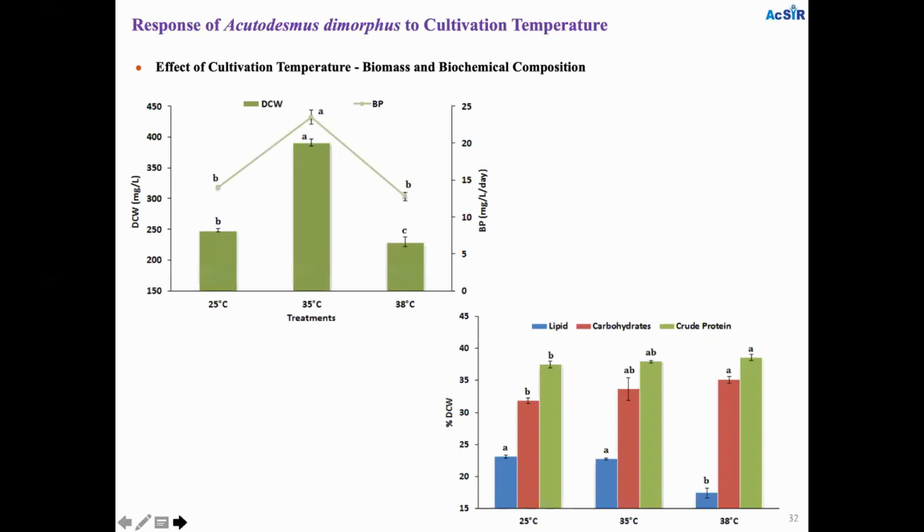Coming on to the biomass production and biochemical composition, the biomass production was also highest at 35 degrees centigrade compared to 25 and 38 degrees centigrade. And the lipid and carbohydrate contents were almost the same as that of 25 degrees centigrade.